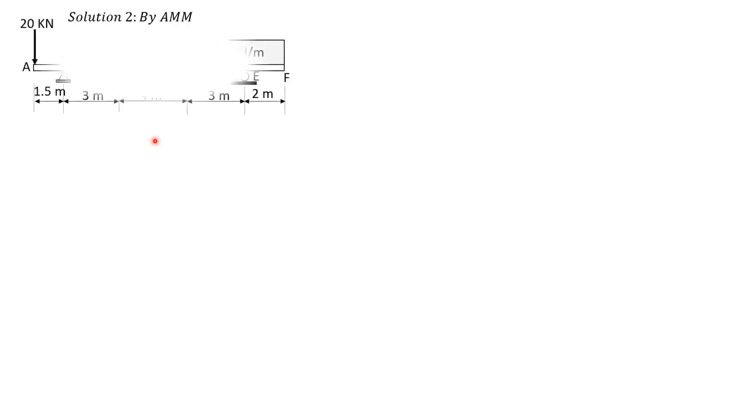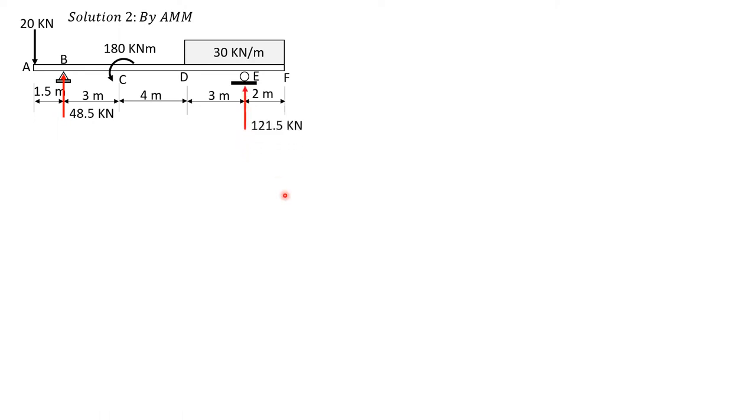So let's have the other method, area moment method. From the double integration method, we already computed the reactions at B to be 48.5 and at E to be 121.5 kilonewtons. So based on the figure, it's better to select point P as our moment center.